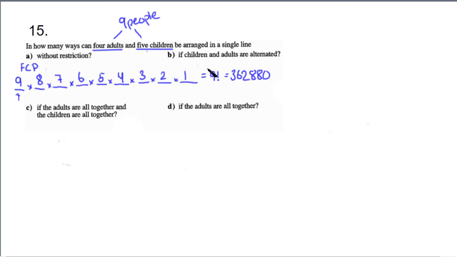In question B, we want to determine the number of arrangements if children and adults are alternated. So again, this is going to be a fundamental counting principle problem. But this time we have the restriction that they are alternated. Okay, so this is a restriction.